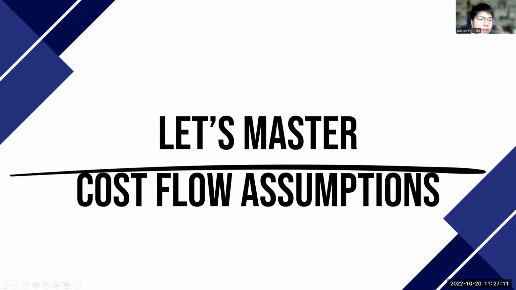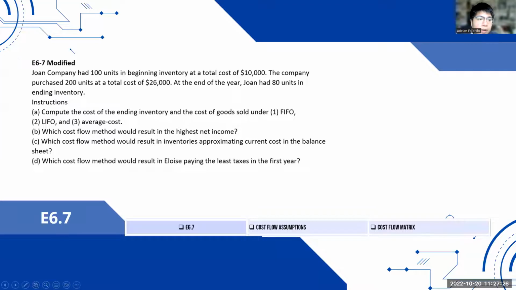Okay. So I think everyone's okay. So kindly give me 1 minute. I'll just fix a thing admin. Pero when I come back after a minute, after that break, I will just answer the cost flow assumption related questions. So starting with 6.7. Kindly give me 1 minute.